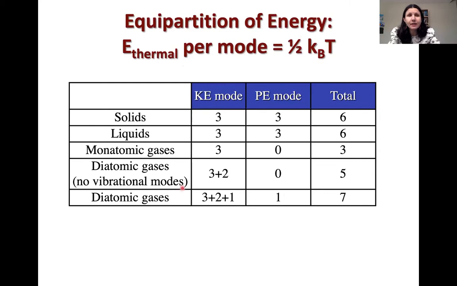We will look at this idea of freezing modes more deeply in the next recording. But the main idea is there are a maximum of 7 modes that a diatomic molecule can have, but sometimes it's 5 when the vibrational modes are frozen.